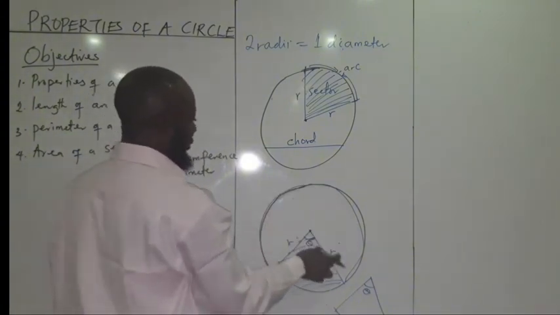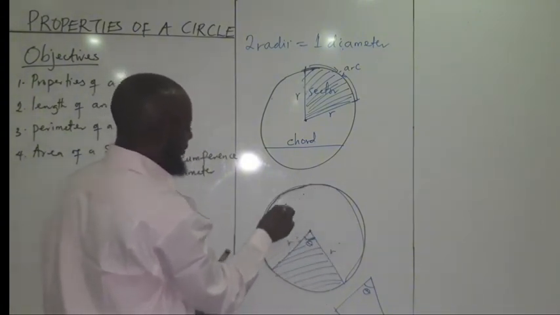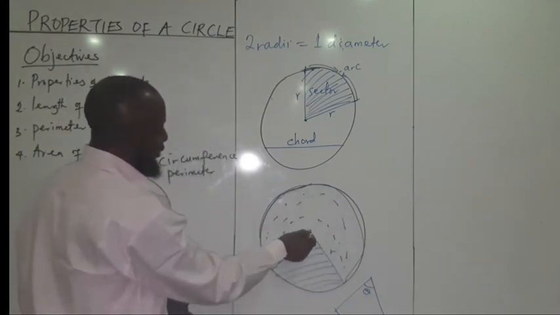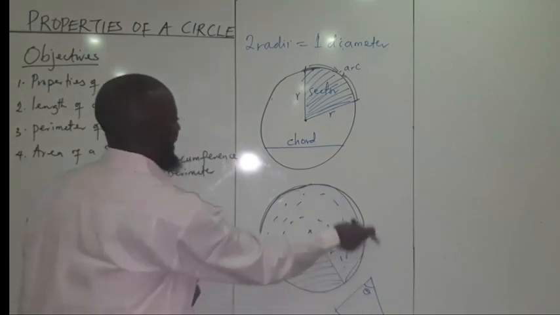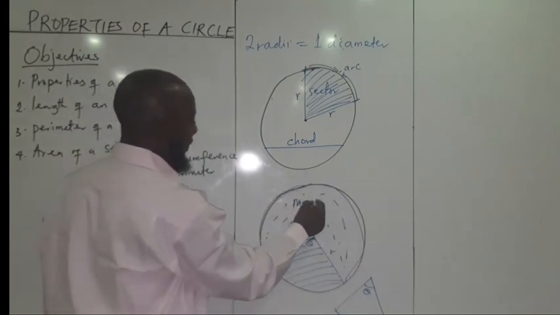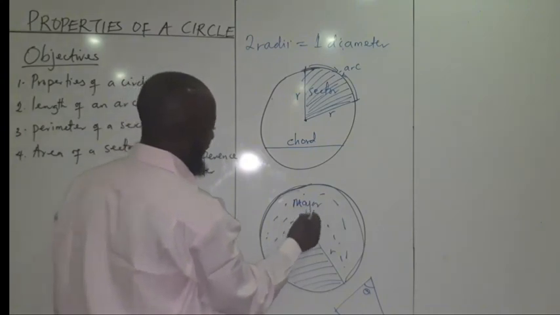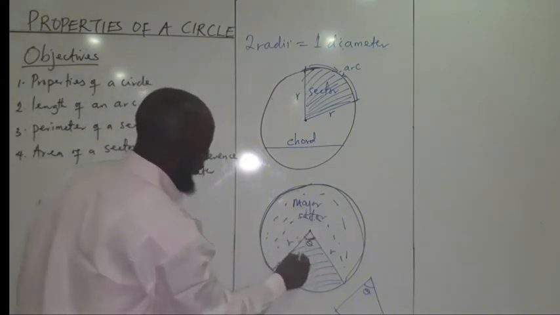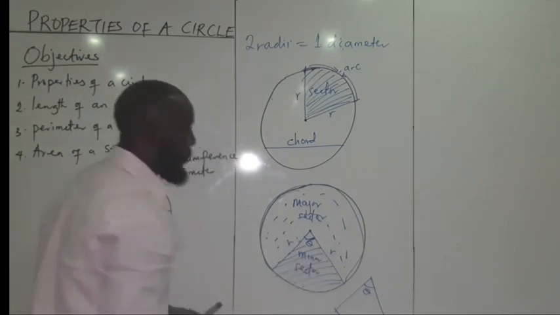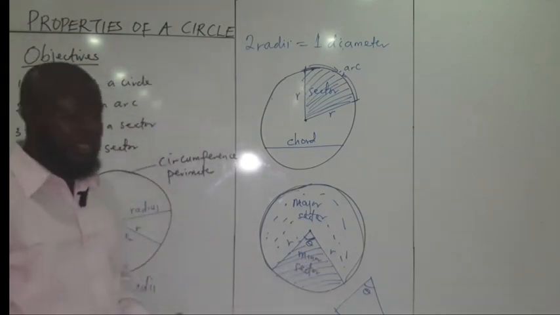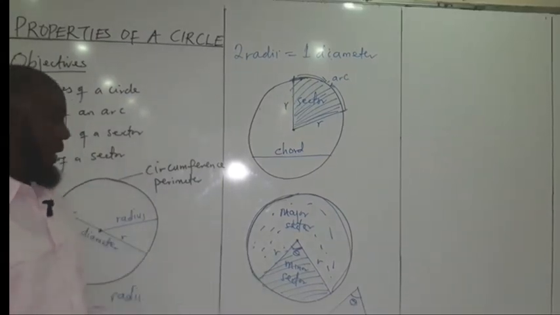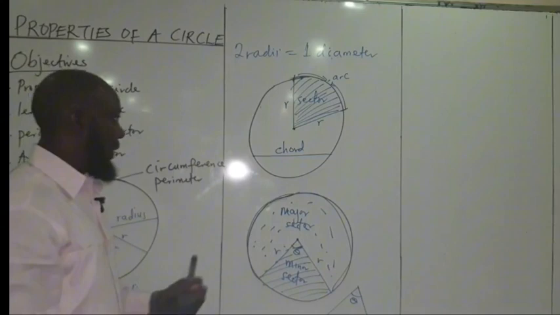This is a sector because it is bounded by two radii and an arc. So this one will now be what? Major sector. While this one will be what? Minor sector. I hope I'm making sense. So this is very important. By the time we start calculation, you will see the importance of this. Alright? So that is that on sector.